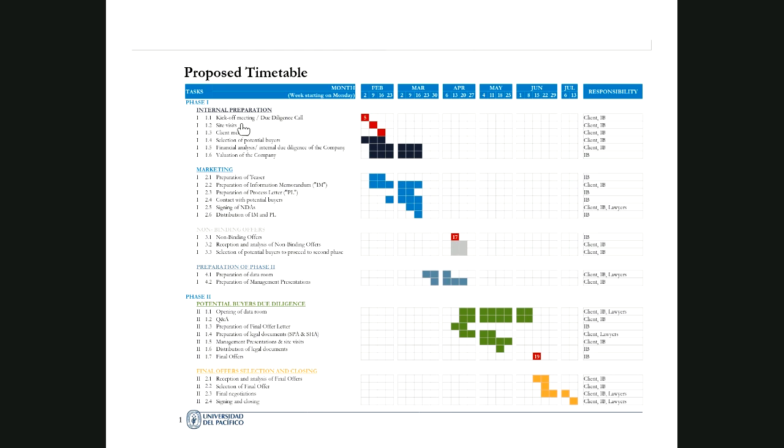The meeting with the client. Then you discuss potential buyers, and you do a financial analysis and an internal due diligence of the company. This is all done by the bankers and the company itself. And you finish this internal preparation phase with the valuation of the company.